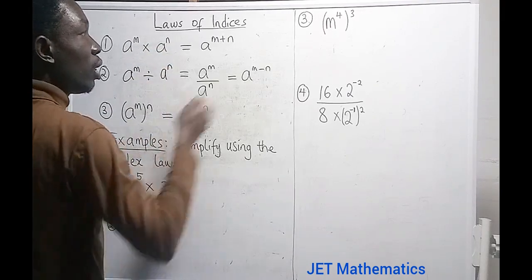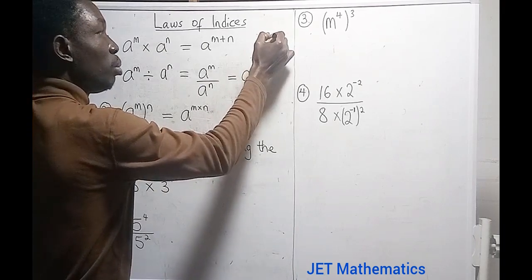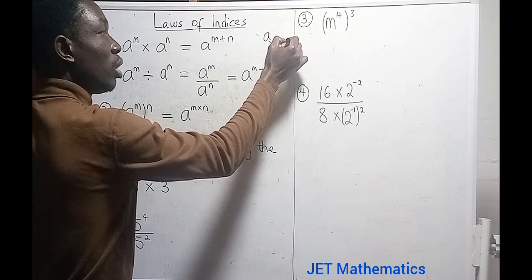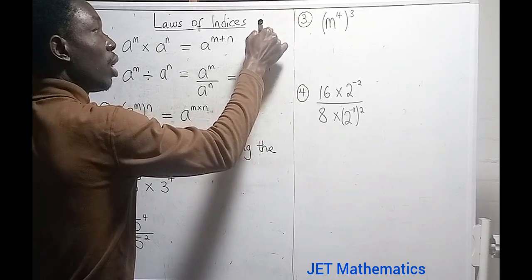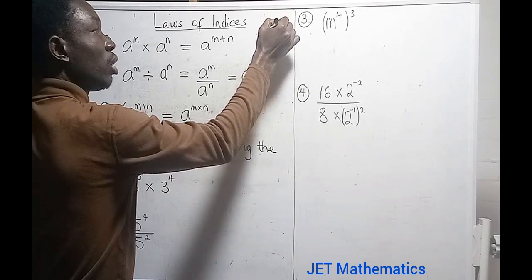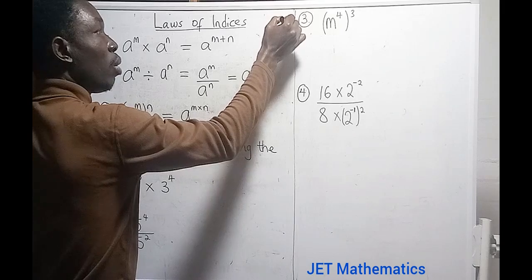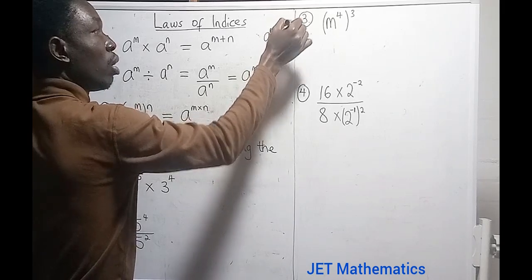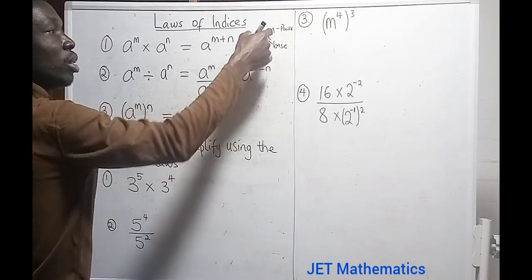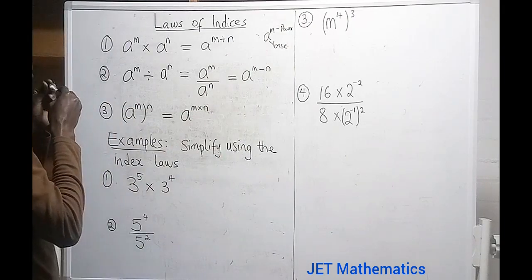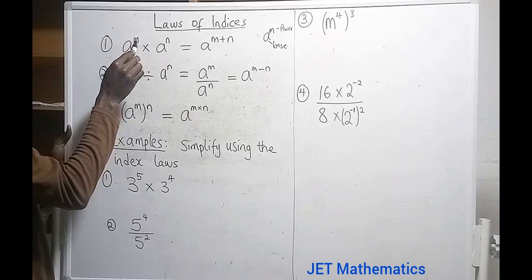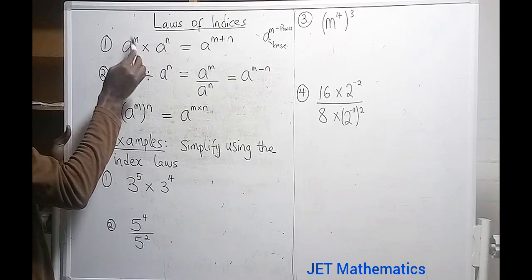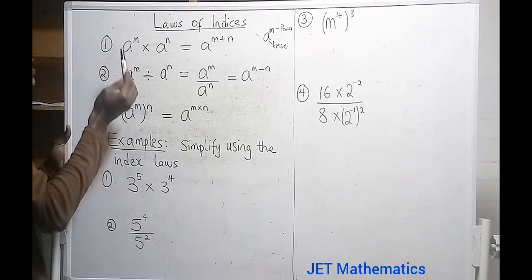Now the a here is called the base, and the m here is called the index or power. So this is the index, this is the base. This index, you can say this is the power or exponent, while this is the base.